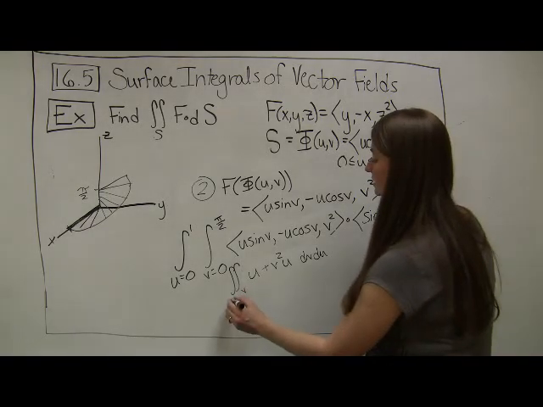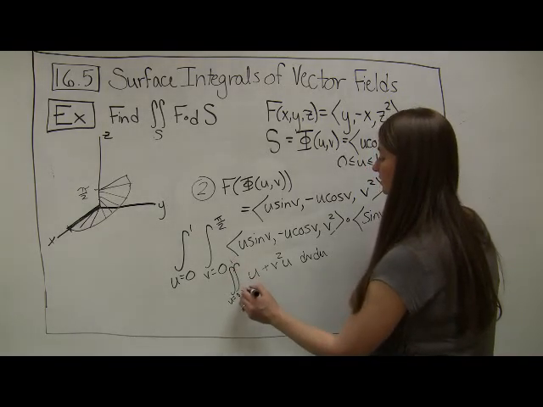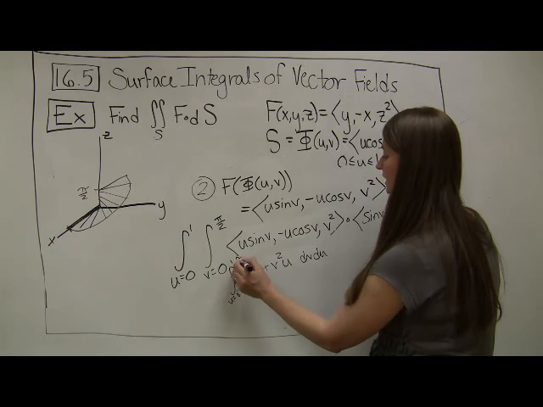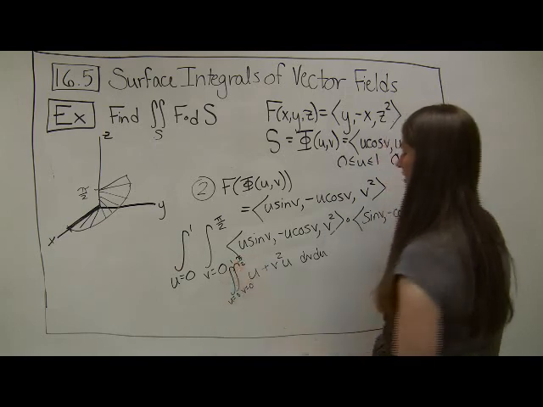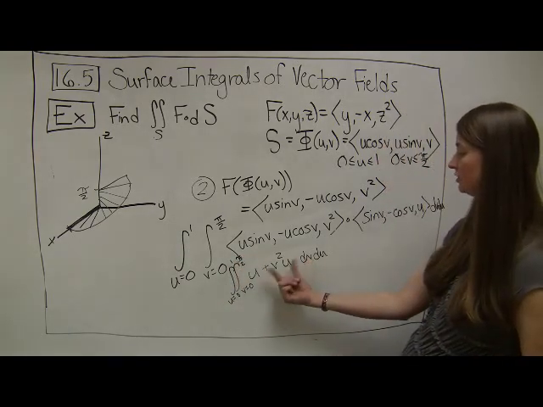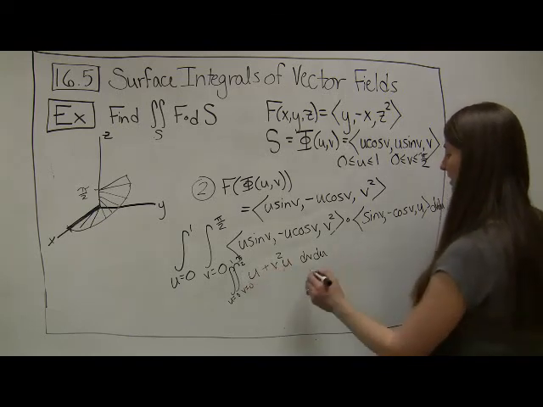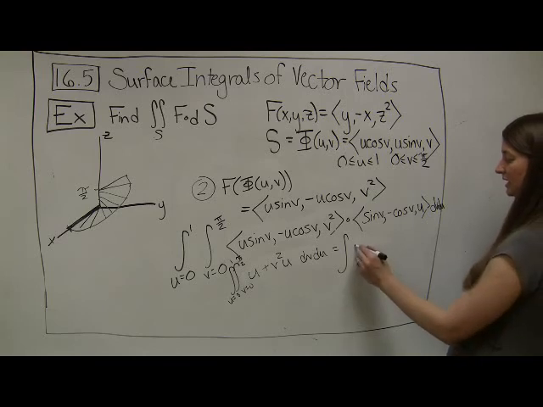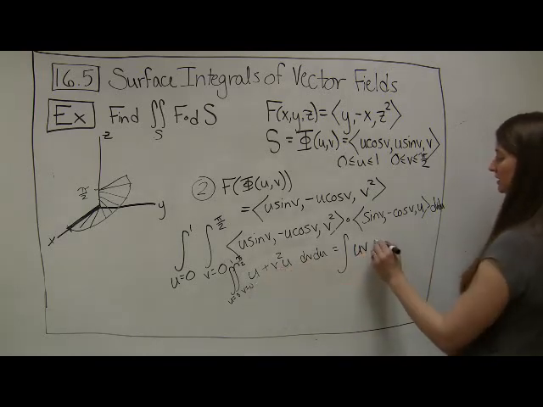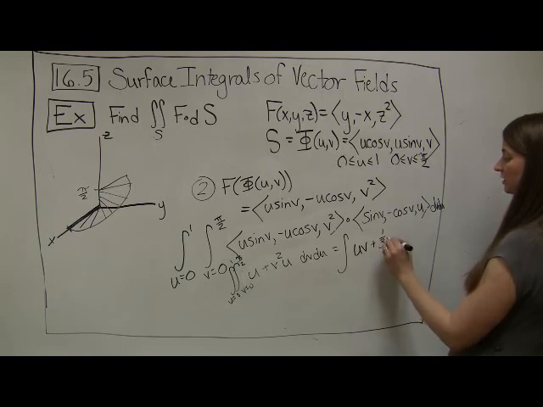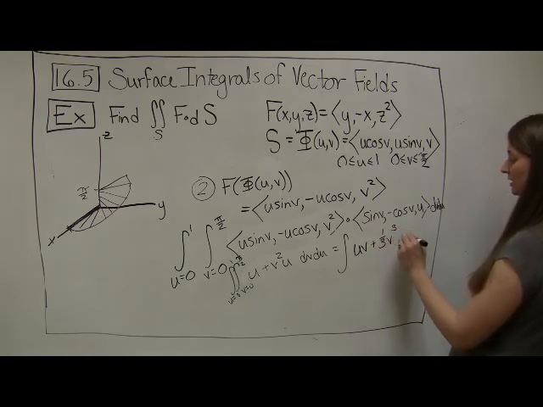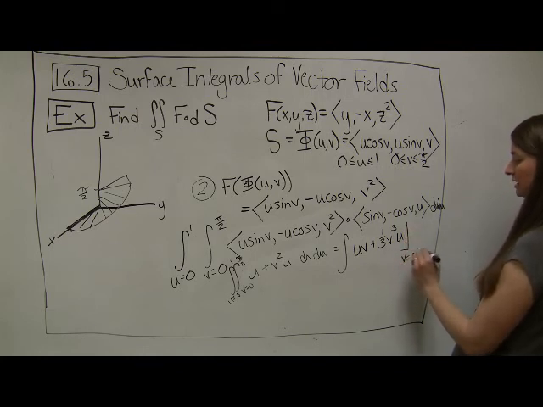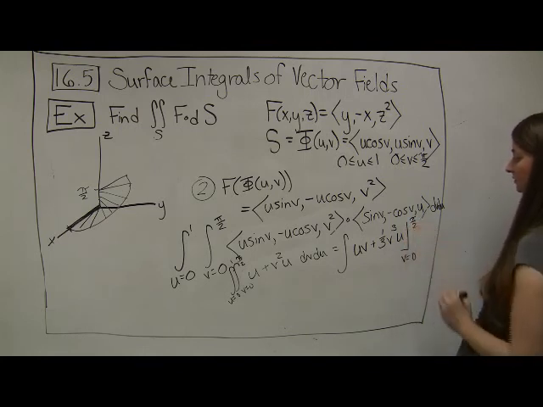So first I'm going to integrate v equals 0 to pi over 2. So I integrate with respect to v first, treating u as a constant. Not forgetting my integral on the outside, I get uv, treating u as a constant, plus 1/3 v cubed u, evaluated from v equals 0 to pi over 2.